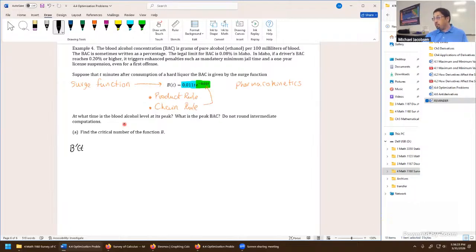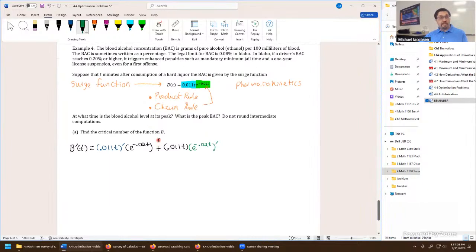So the derivative of the blood alcohol content, B at time t, is going to be organized by first, differentiate the linear function, 0.011t, copy the exponential, e to the power negative 0.02t, go plus for the product rule, copy the linear function, 0.011t, and then multiply by the derivative here of the exponential, times e to the power negative 0.02t.